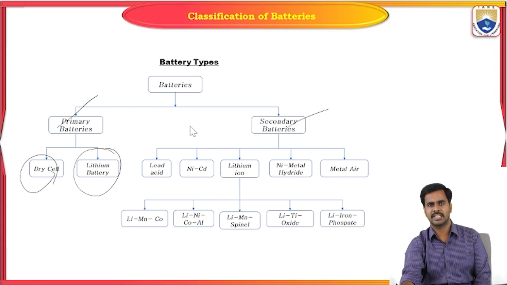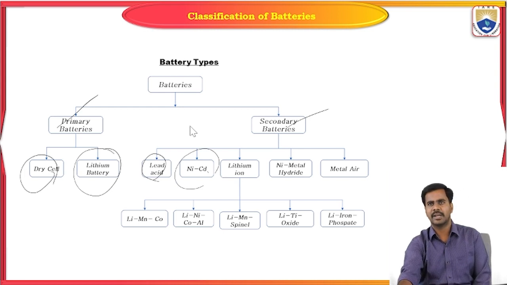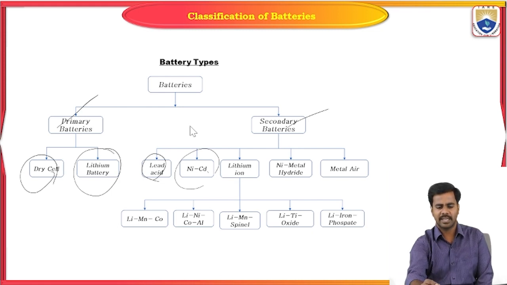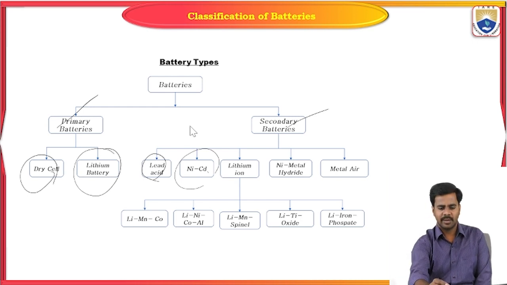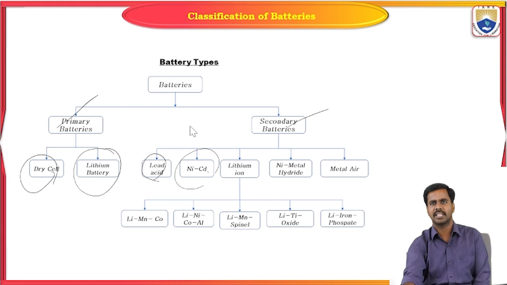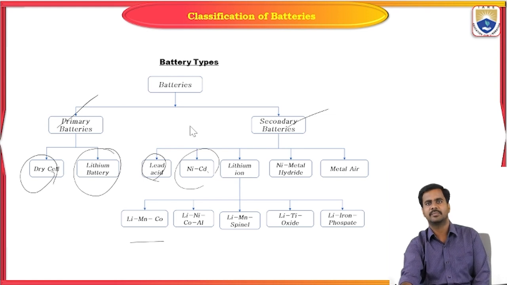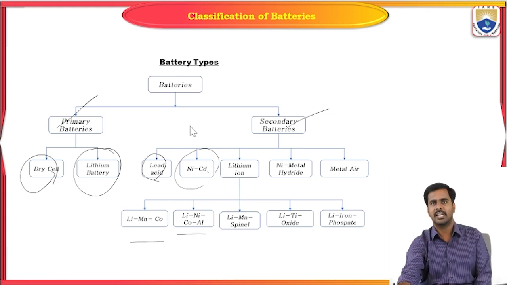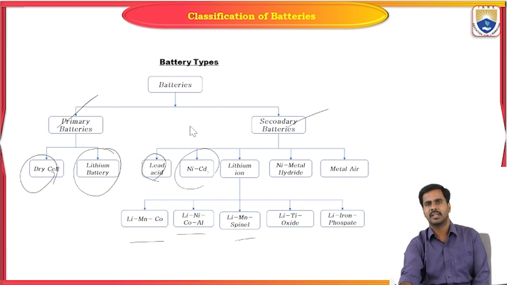A number of secondary batteries are available: lead acid battery, nickel cadmium battery, lithium ion battery, nickel metal hydride, and metal air battery. Lithium ion batteries are again classified into five types: lithium manganese cobalt battery, lithium nickel cobalt aluminum battery, lithium manganese spinel, lithium titanium oxide, and lithium iron phosphate.